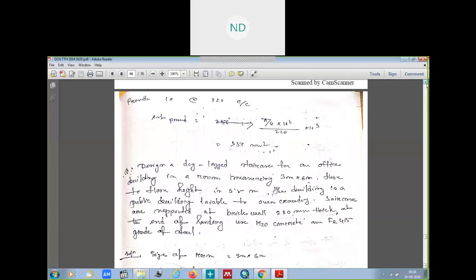Before we take a problem on stairs, I think you all know what is riser and what is tread of a staircase. Generally in residential buildings, we consider our risers to be between 150 mm and 200 mm.